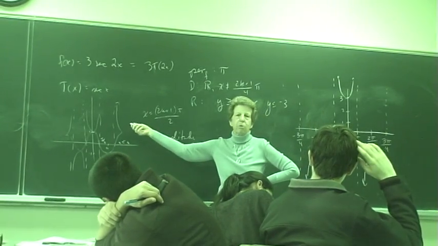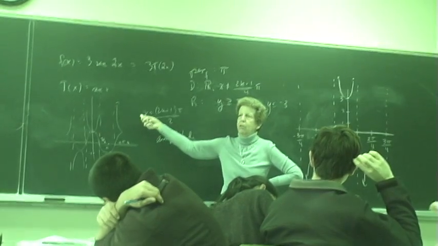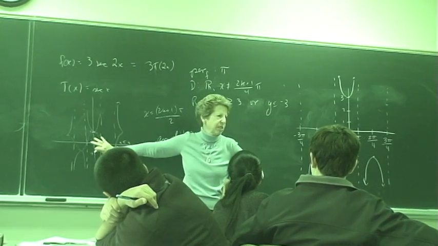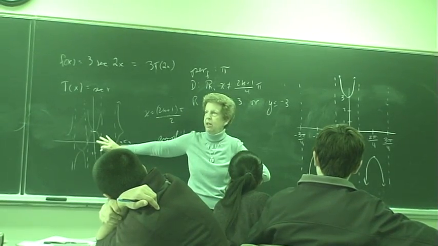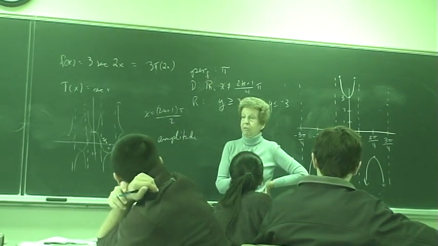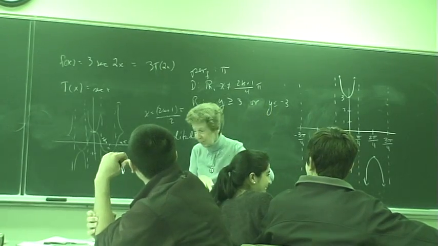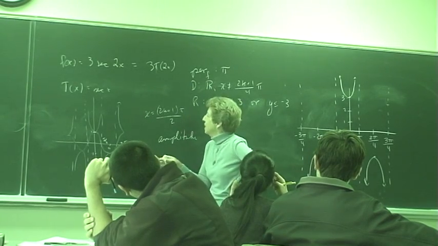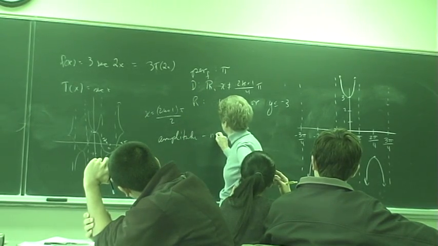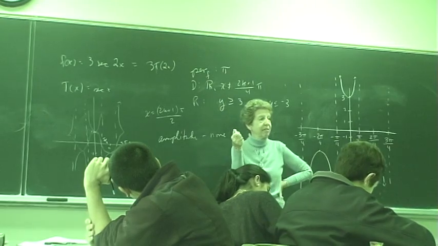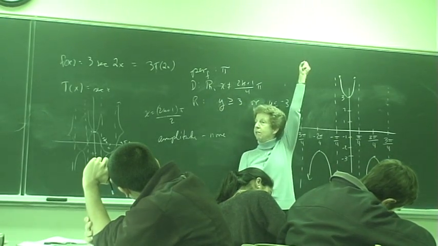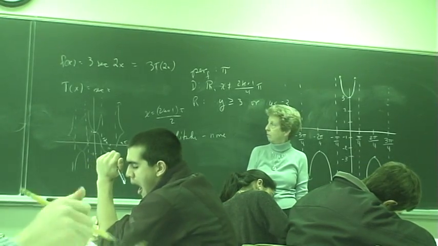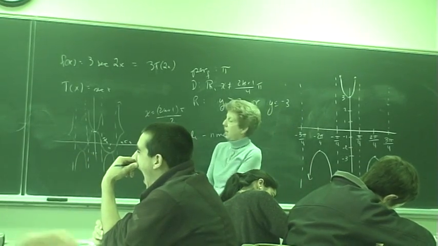Well, what's the maximum value? What's the very biggest this could ever be? The problem is infinity is not a number. Bajillion? Then I would say bajillion and one. So this thing actually doesn't have an amplitude because there is no max and no min, since they go on and on forever. So secant doesn't have an amplitude.